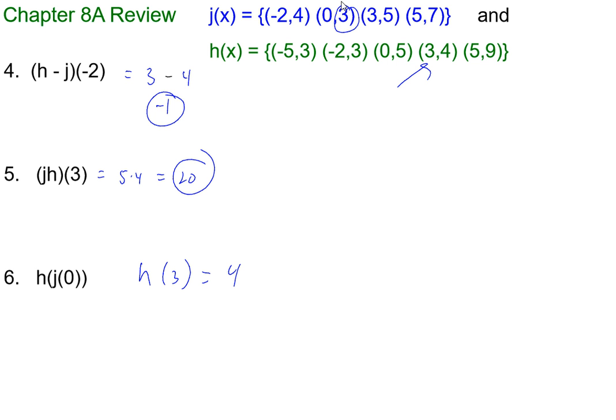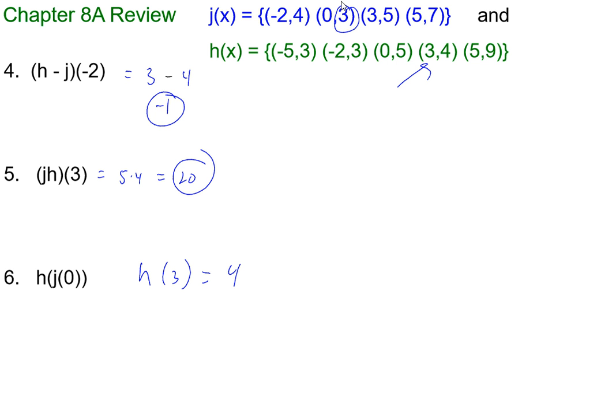Because putting the whole second function in for the independent variable of the first, when you have a specific input, that whole second function is its output. So again, by doing j of 0, the output is a 3. So now I need to figure out what is h's output when its input is 3.